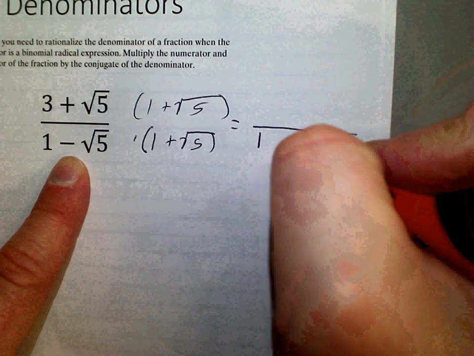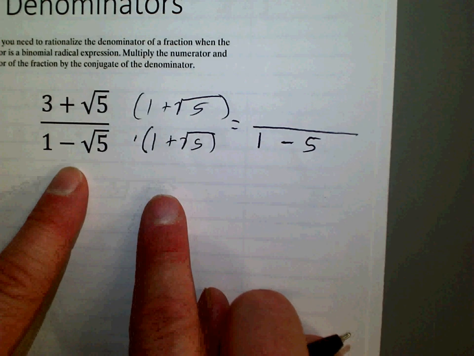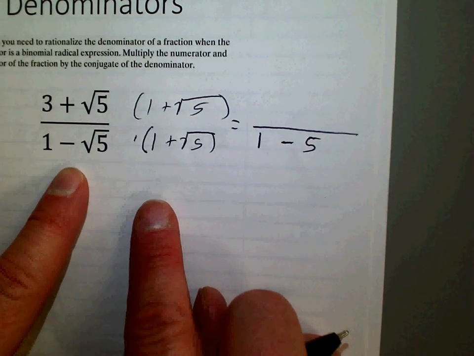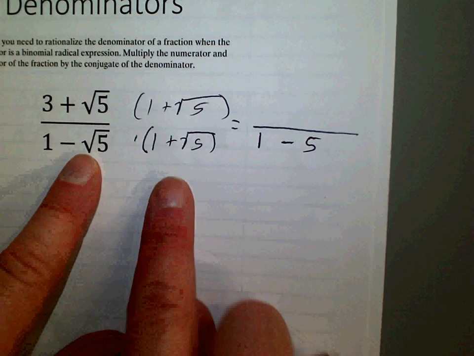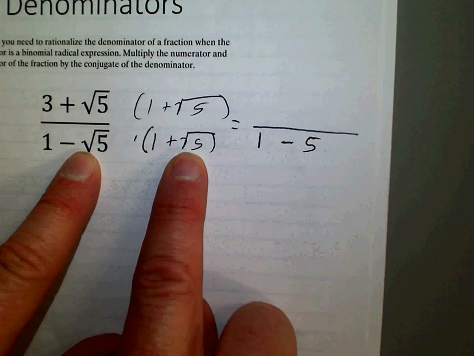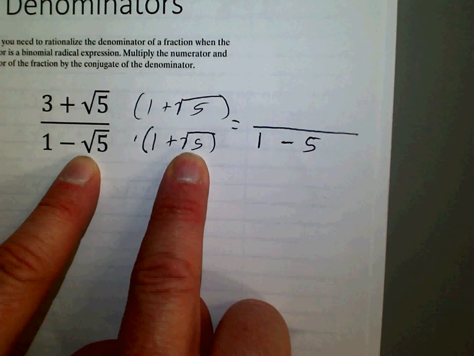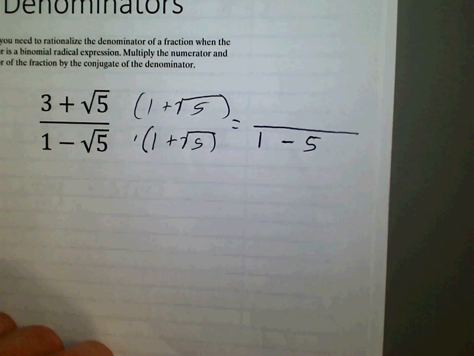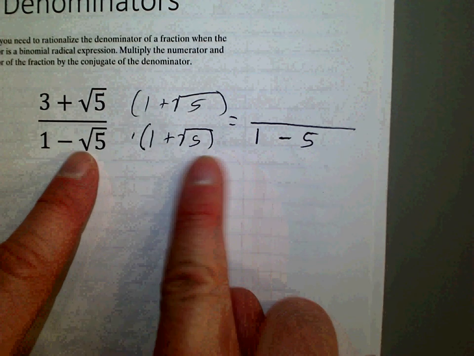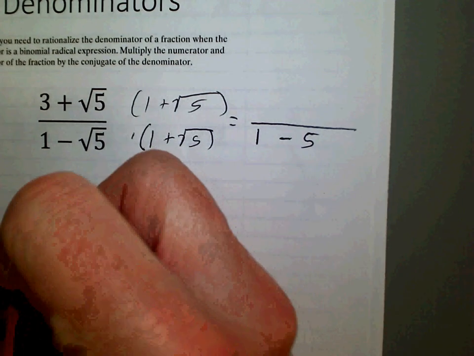I just said this is very important. Everybody in the room has to be able to answer this question, or this homework is going to be really, really hard for you. The last is negative square root of 5 times a positive square root of 5, which is negative 5. Because take it times itself, the radical sign will go away. So the denominator in this situation is negative 4. You agree?